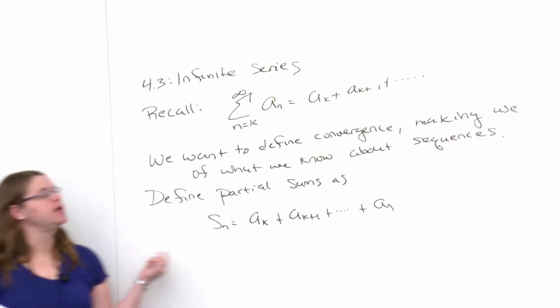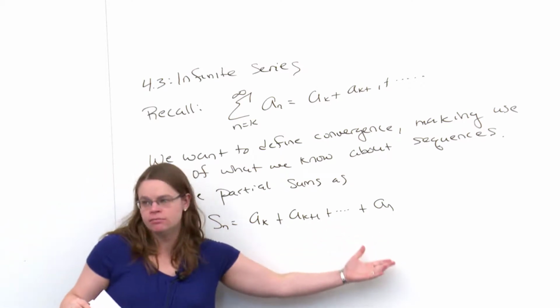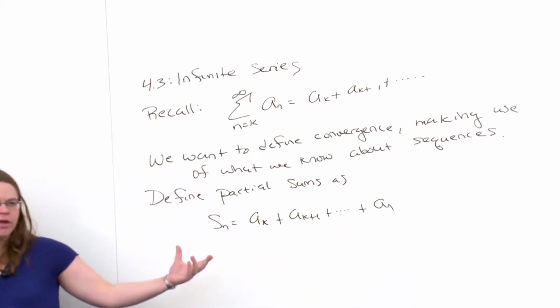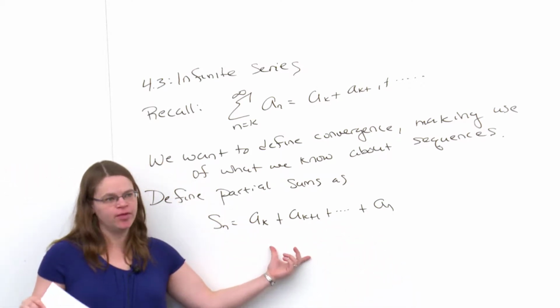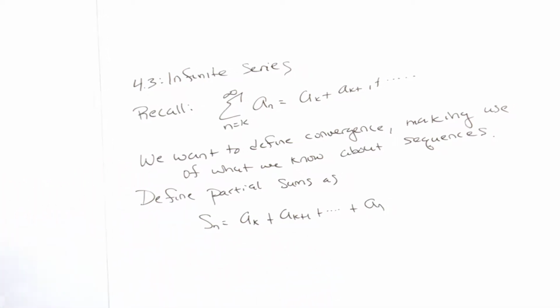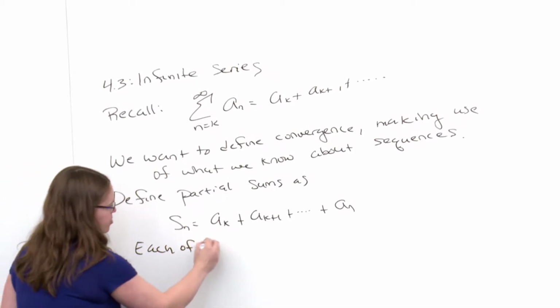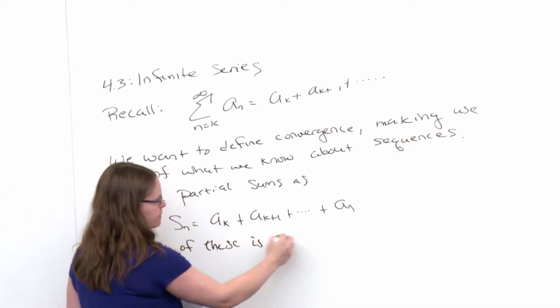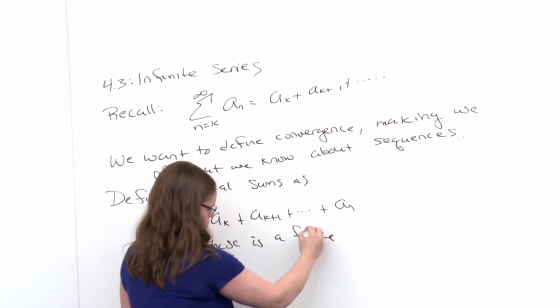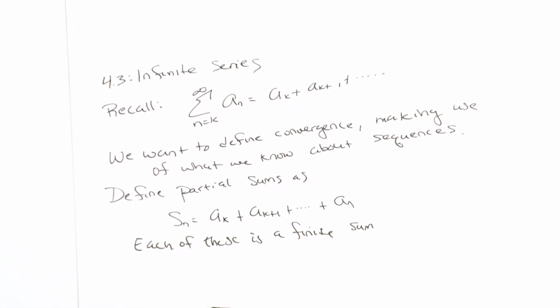So n might be 18, maybe k is 1. This means I'm just adding up 18 real numbers, and I'm going to get a real number. There's no concern about whether this blows up or anything. This is just a number. So these are all numbers. Each of these is a finite sum, and we can work it out exactly.